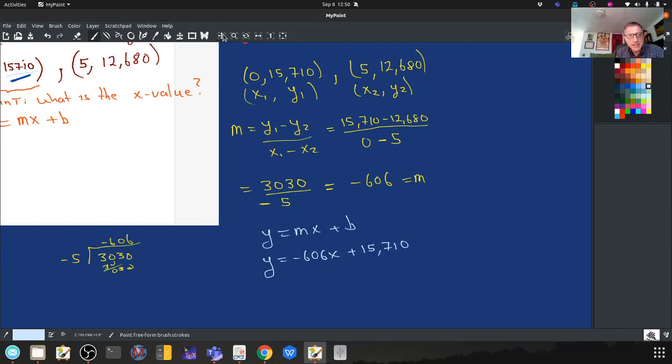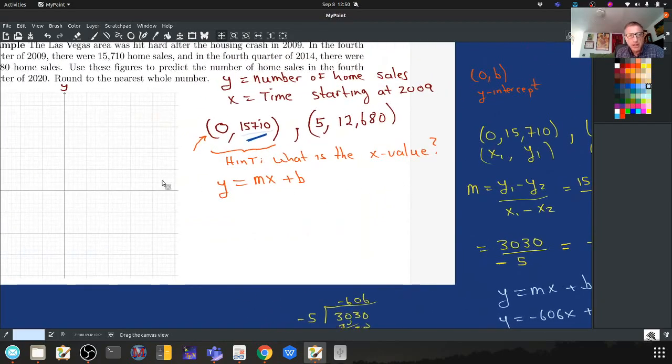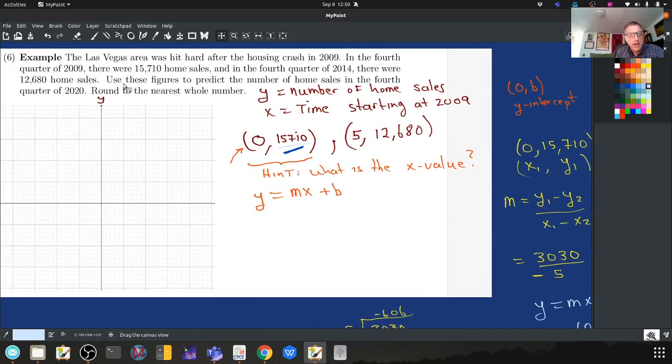So that's the equation. I've got this graph over here, but we're not going to use it. We're asked to use these figures to predict the number of home sales in the fourth quarter of 2020.